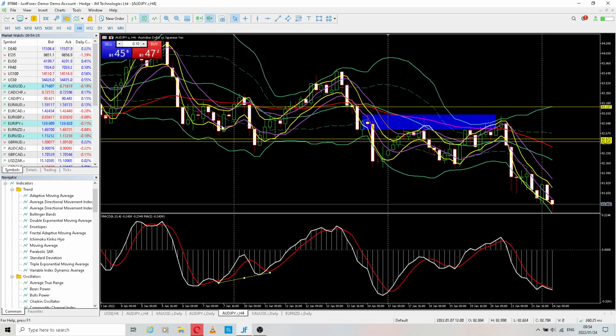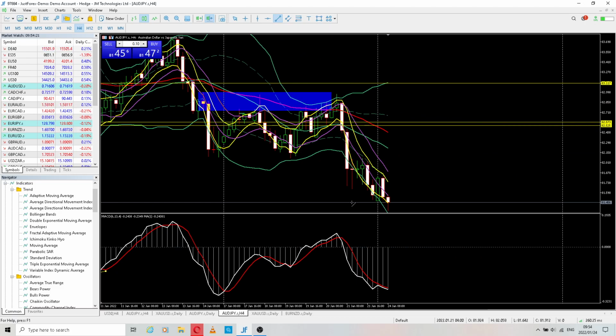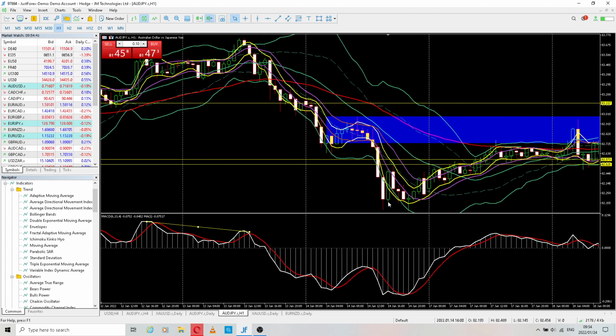So this thing, guys, helps you with divergences. When you see divergences, you know the market is going to do something. When you see a divergence, it will help you, as you can see. Divergence, the market shoots down, just like that.